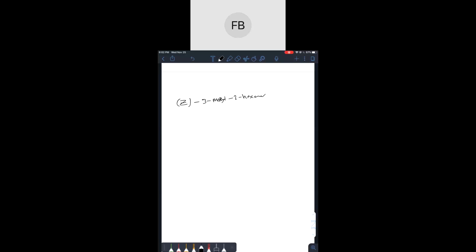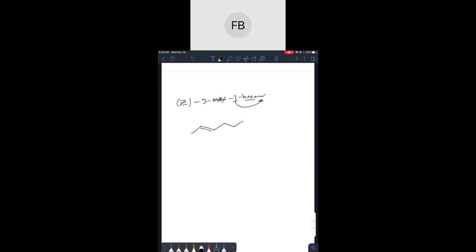So first of all, we can start with the hexene part. So we know that this is going to be a chain of 6, right? And then we know that the double bond starts at the second one, so we can put a double bond there.